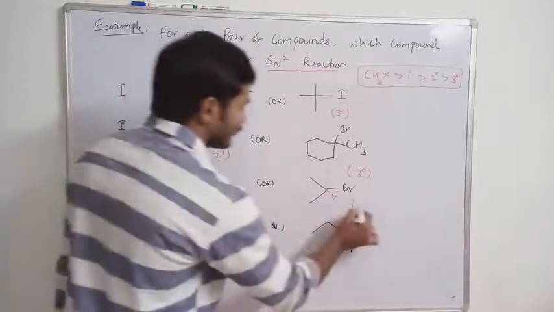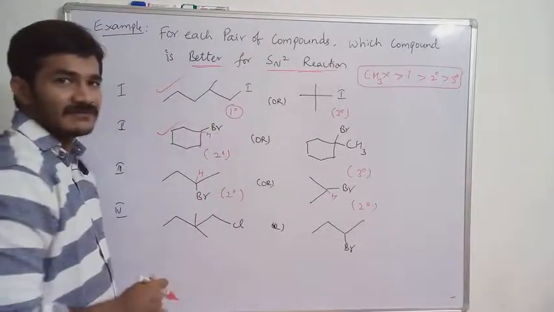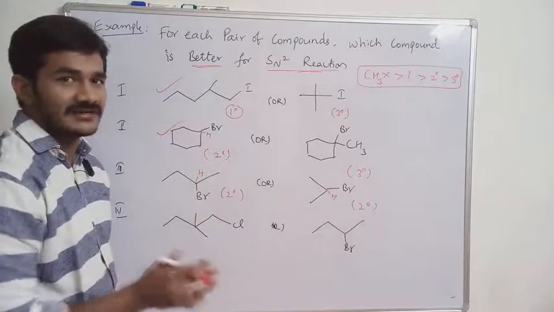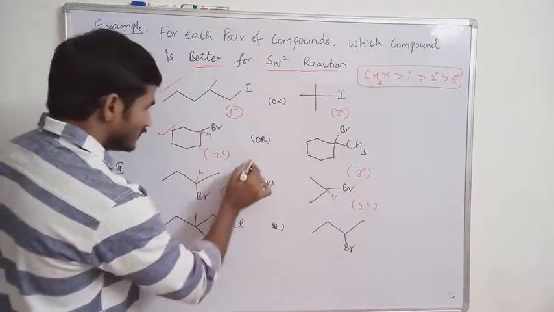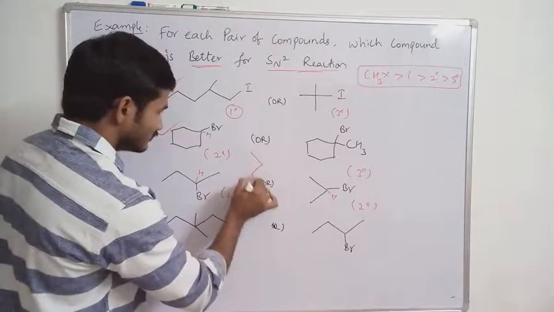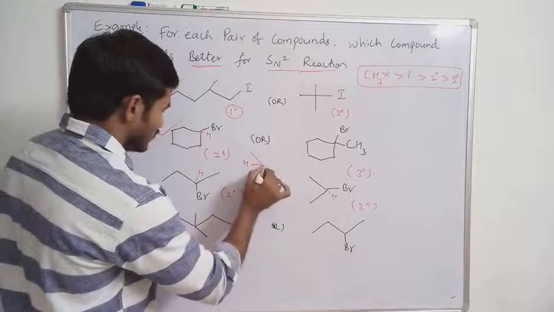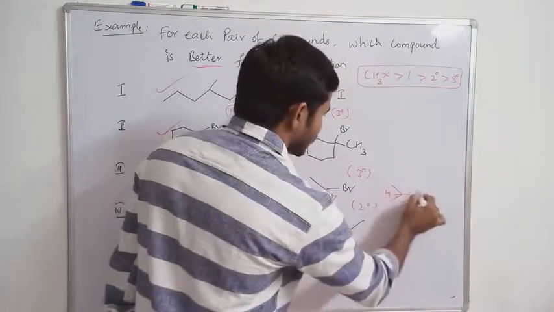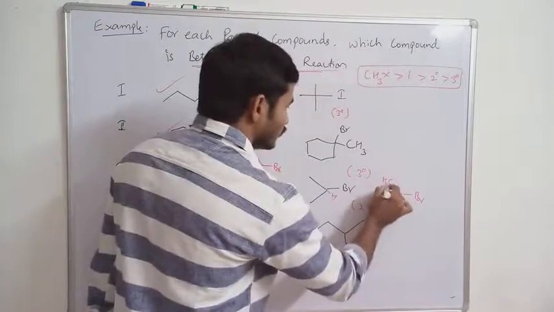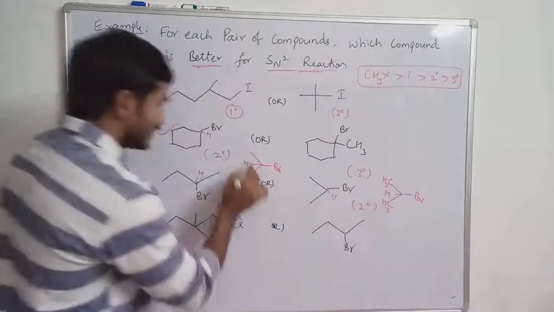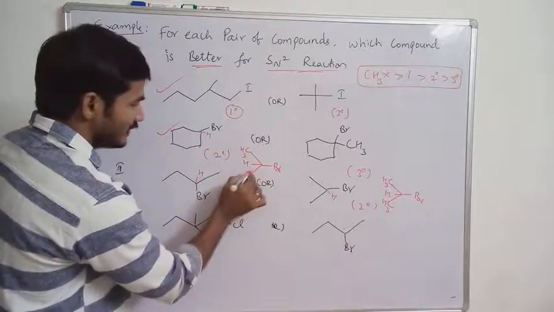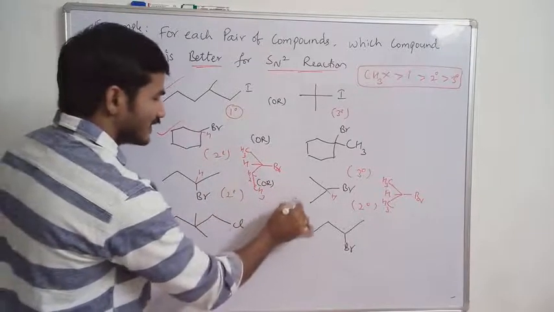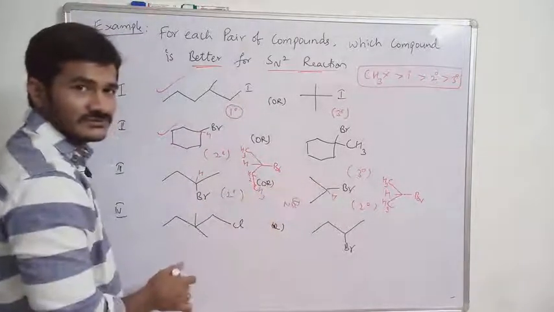Secondary versus secondary. Whenever we have the same type of carbon, you observe the hindrance, which one is highly hindered. If you observe this molecule, I write it like this: H, and this is Br. This has 2 methyl groups, methyl, methyl, and this has one methyl and an ethyl, CH2CH3. Where can the nucleophile attack easily among these two compounds?